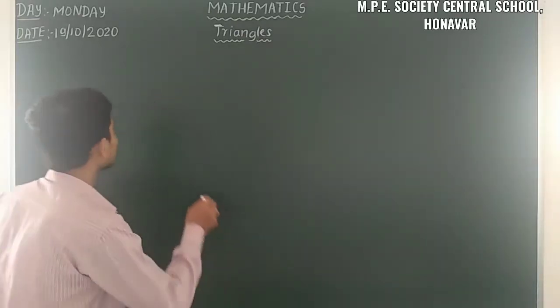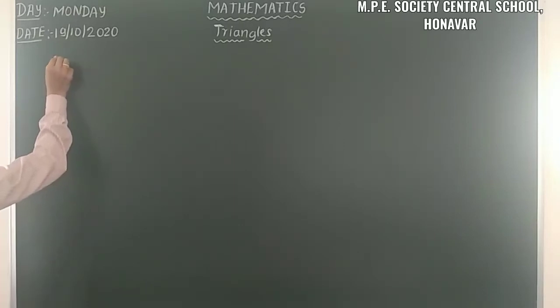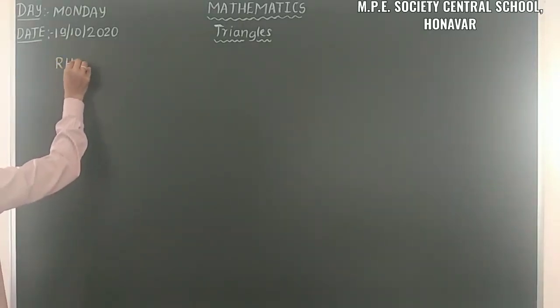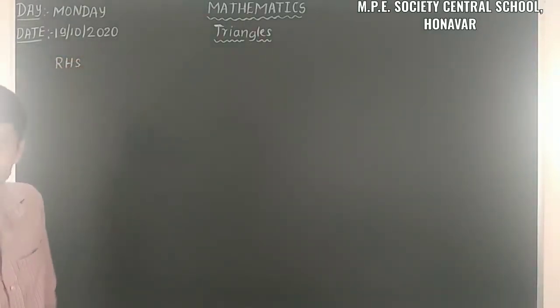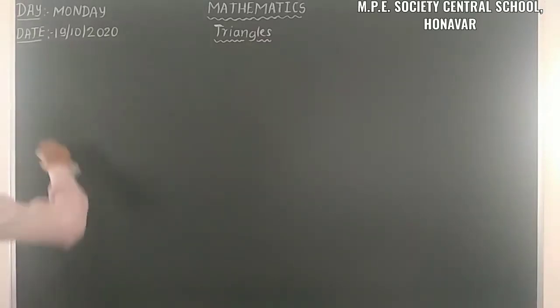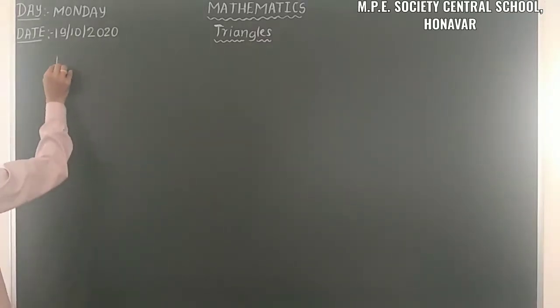That is the RHS congruence rule, or Theorem 7.5.